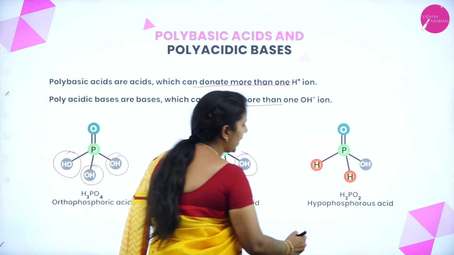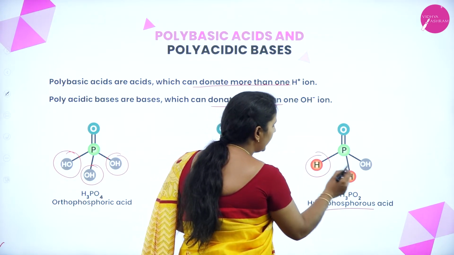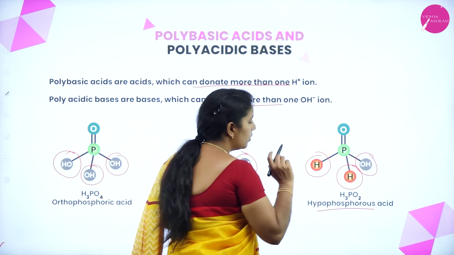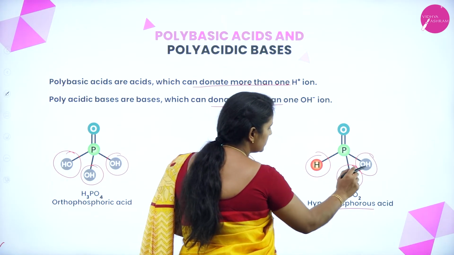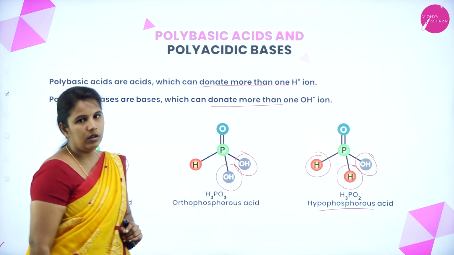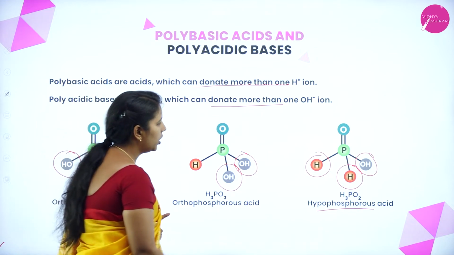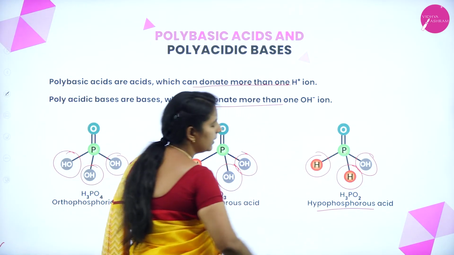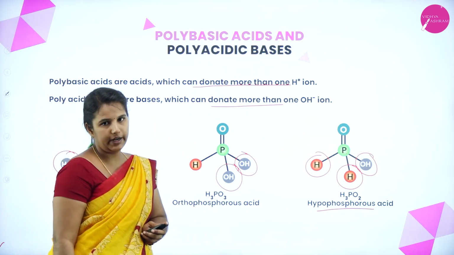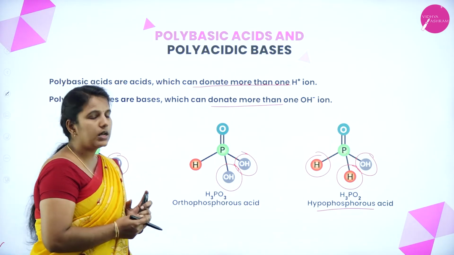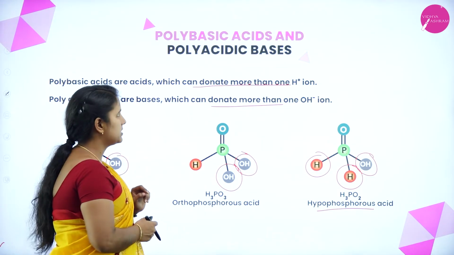Whereas in hypophosphorus acid, even though we have 2 hydrogen atoms, only 1 hydrogen atom is available for replacement, because the other hydrogen is directly bound to the phosphorus. Here also you can see that it is directly bonded. This is about polybasic acids and polyacidic bases.